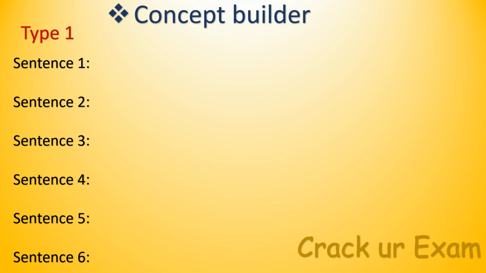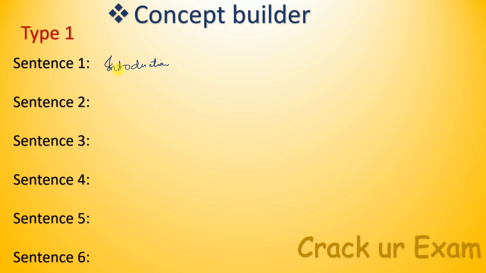Whenever there is a story, an issue, or the description of an article or an incident, there must be an introduction. So the first sentence will be the introduction to your passage.